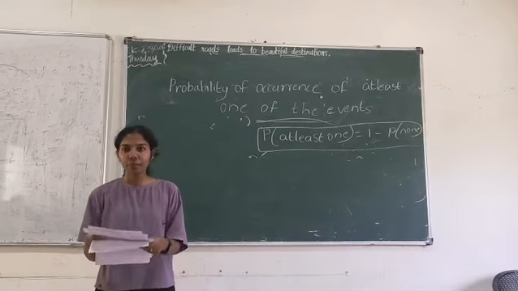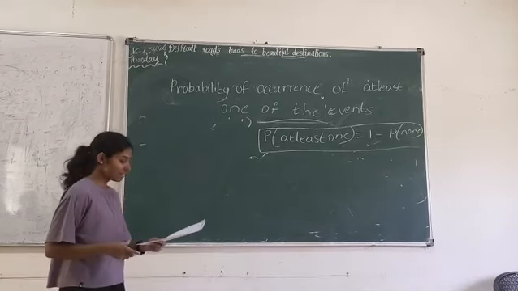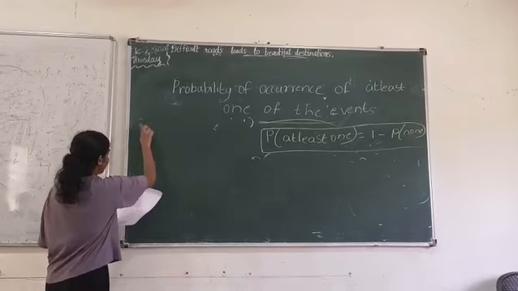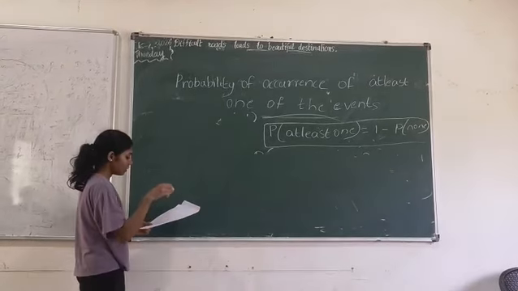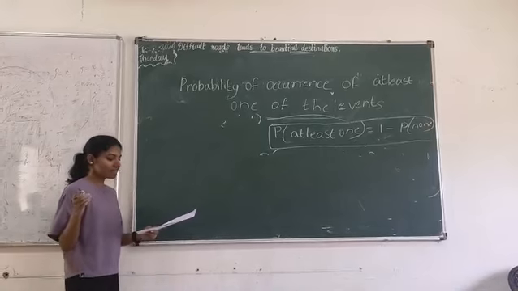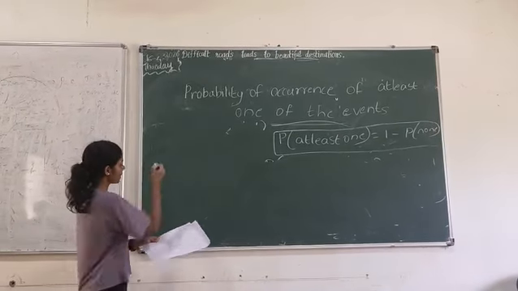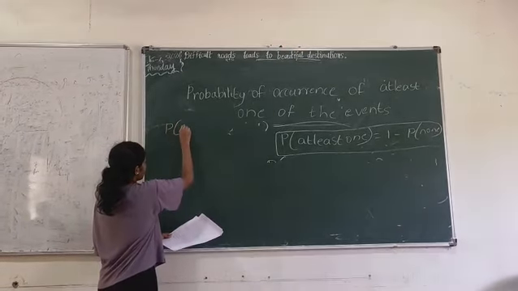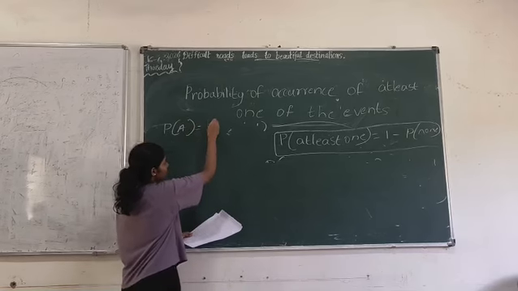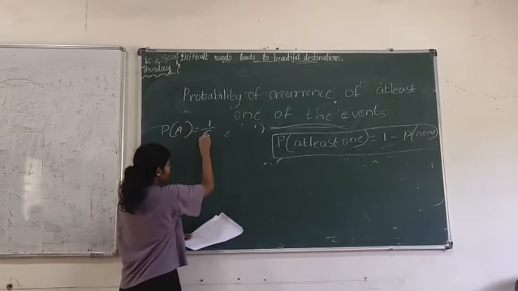Question is, a person throws, in the first situation, a die, and the condition is that success is getting 6. So probability of getting success in first situation is 1 by 6.